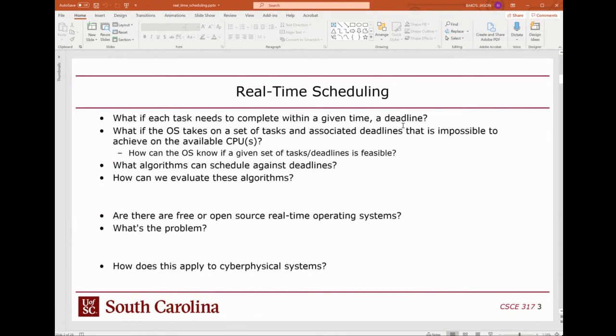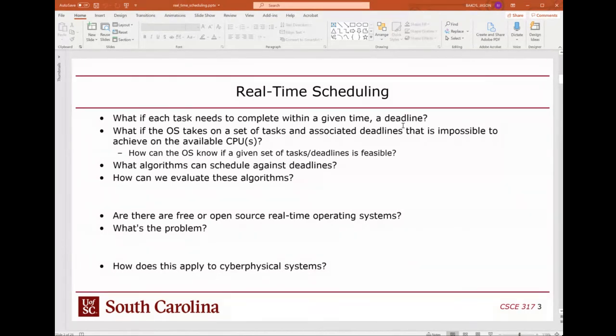It's a hard problem that hasn't been solved to the point where the solutions are free or public. It's kind of black magic. To this day, you can't go and download a real-time operating system for free. It's a very specialized market.